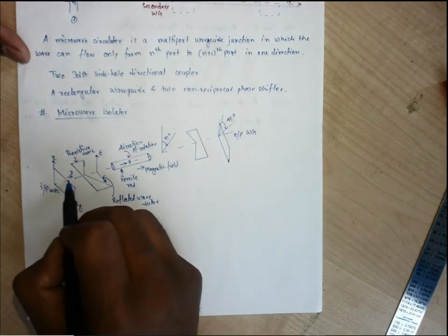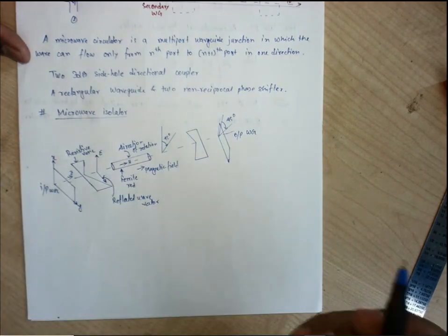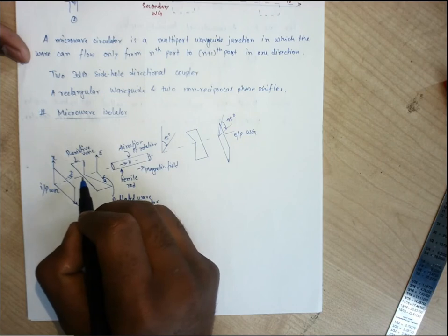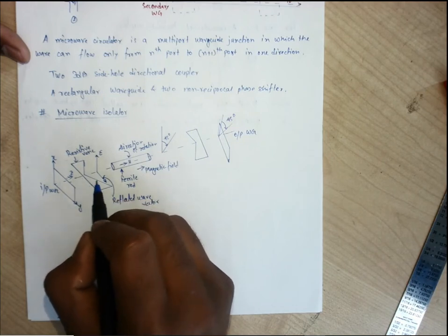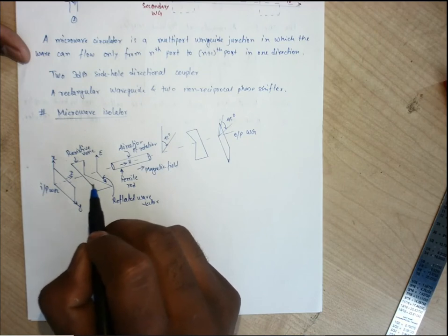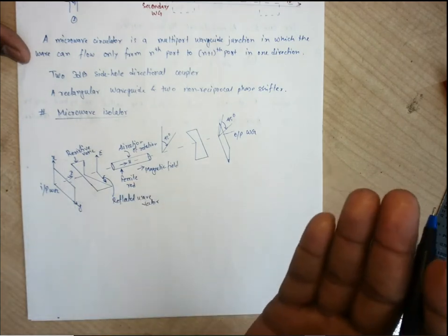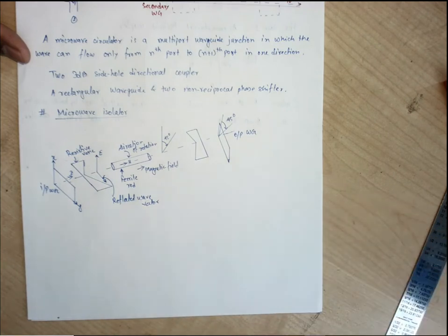Let us consider the wave given from the left hand side. This is a resistive vane. Its purpose is to absorb the signal when the field is parallel to this plane. If the wave is parallel to this resistive vane, or you can say an absorber, it absorbs the signal.